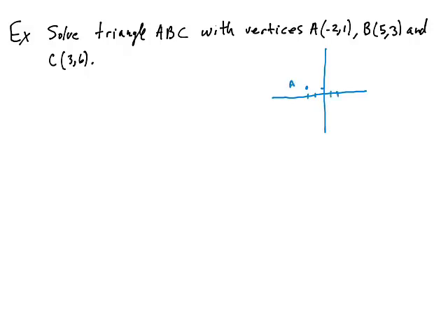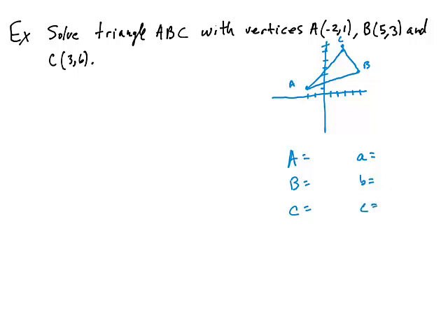B is at 5, 3, so maybe something over there, and then C is at 3, 6, so maybe up there. So there's our triangle roughly. Alright, so what we want to do is find all possible angles and all possible sides.